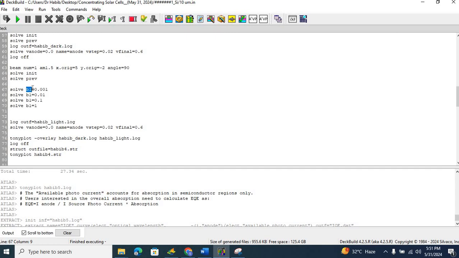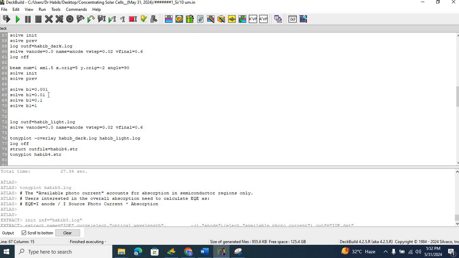However, in some cases we may encounter convergence difficulties, and we may need to ramp the light intensity from a lower value to 1 kilowatt per meter square. So like here I have assigned it a value of 1, which represents 1 sun corresponding to 1 kilowatt per meter square, or you can say 1000 watt per meter square.